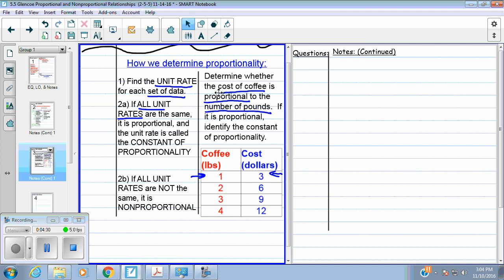So we've already started talking about independent and dependent, but we're now going to start to be asked to master this. And I think about this when I go to the store. So what determines how much you're going to cost at the store? It kind of matters about how much coffee you will buy. So in this problem, the amount of coffee is the independent variable.